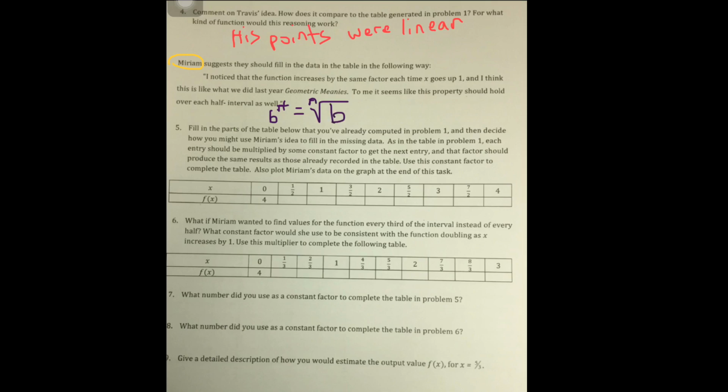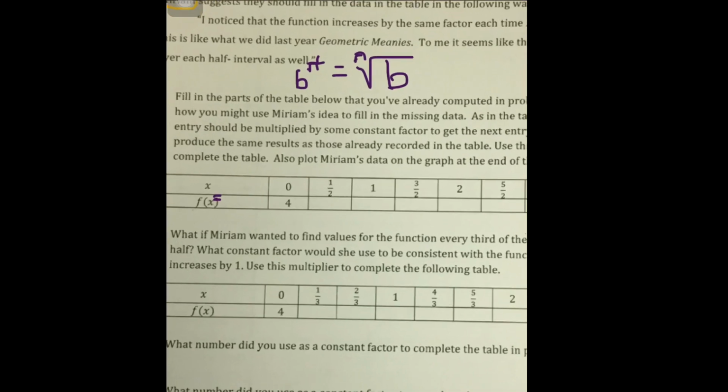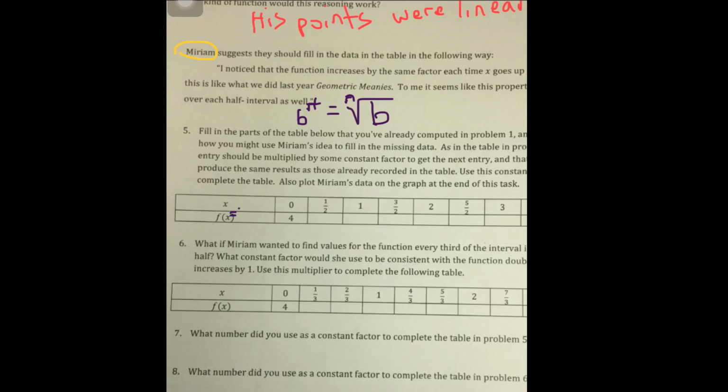Okay, so what that means, and if you remember, our original equation was f of x equals 4 times 2 to the x. So I would have, for this one right here, I would have 2 to the 1/2. And what does that equal using my rule?